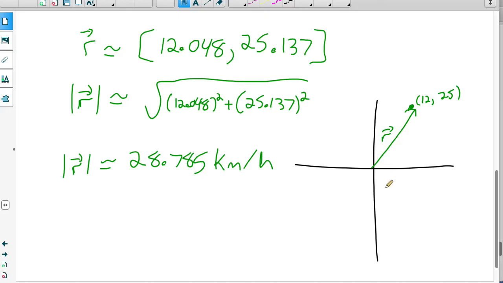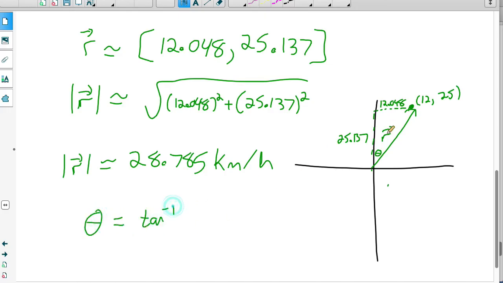If I want to describe the direction of this vector, we probably want to figure out this angle in here. And if I want that angle, it would be useful to know these two sides of the triangle. Well, this would be equal to the x component, so 12.048, and this would be equal to the y component, 25.137. And then I could just use an inverse tan ratio to calculate that angle.